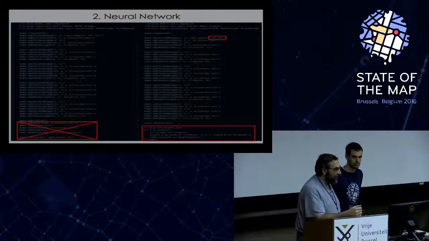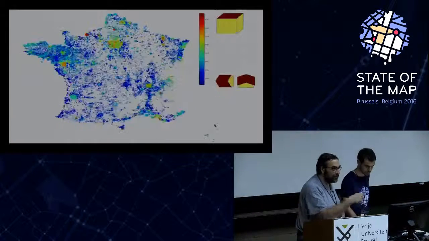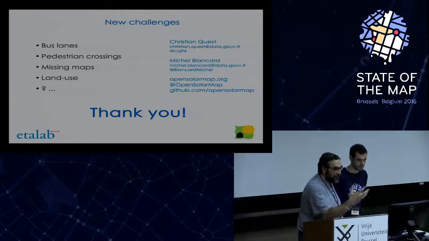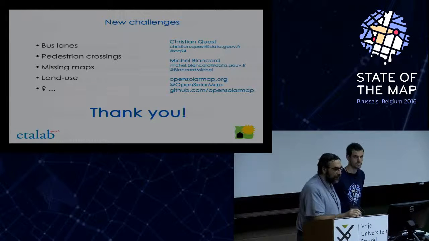In one day we wrote a small piece of front end and back end to have the crowdsourcing thing. We just sent a few emails on the French OpenStreetMap mailing list, a few tweets, and within, I think it was 2 months, we had 100,000 contributions.